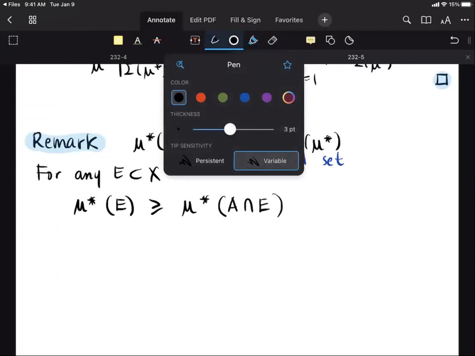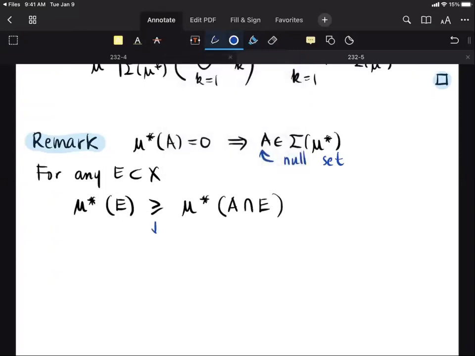That is basically monotonicity. Now let us apply that argument instead with A complement intersection E. Instead of A, let us use the complement.